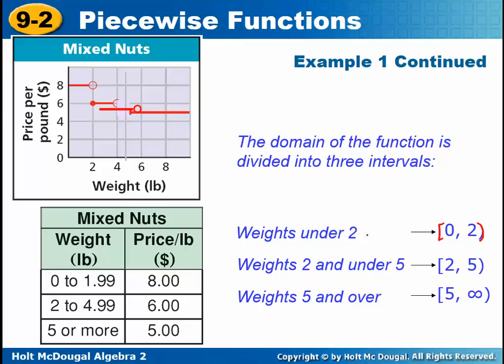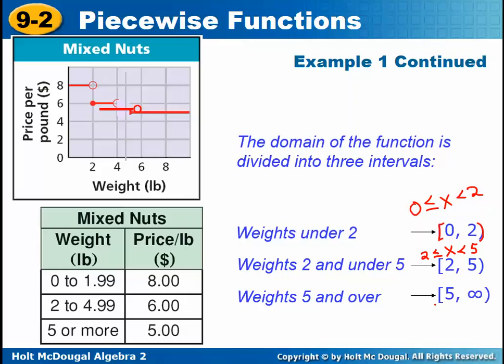Now, this is not the only way to write the domain in interval notation. I could have written it this way, except x maybe we would call w or something. And then this would be less than 2, not less than or equal. And then for the second part, I would put 2 less than or equal to our variable, which would be less than 5, not equal to 5.